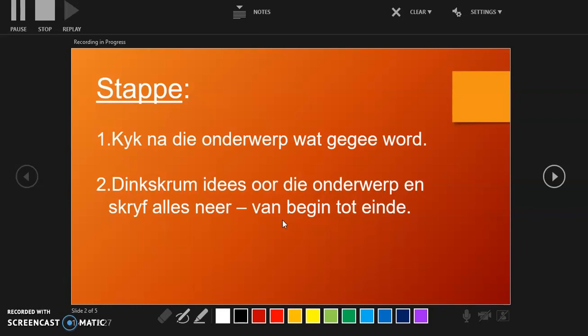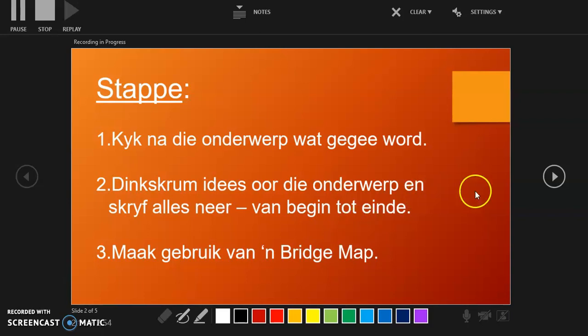Alright, and that is our third step. Goed, by nommer 3 staan daar, maak gebruik van 'n bridge map. So in the next slide, I'm going to show you what a bridge map looks like. So this is the map that you will use to help you to write down your ideas on this specific topic. Right, so let's go to our next slide.